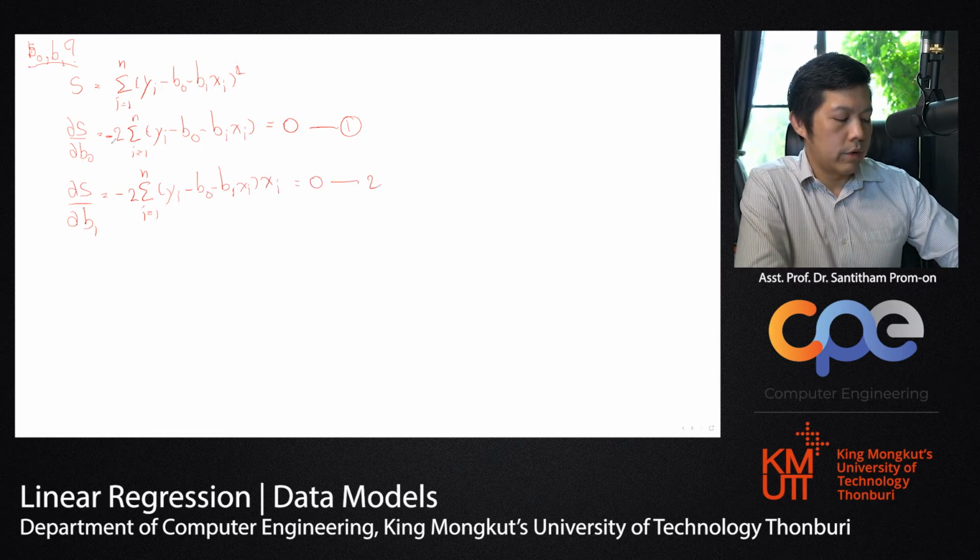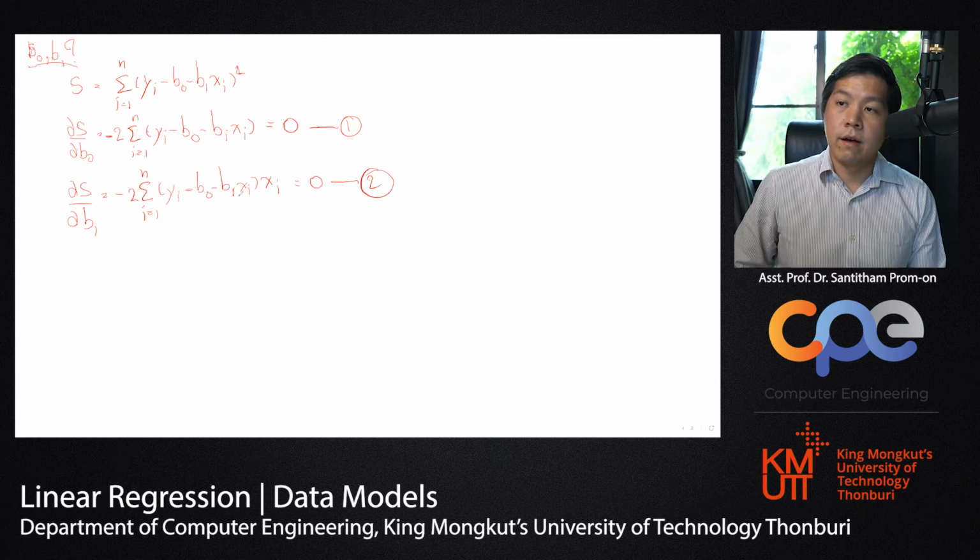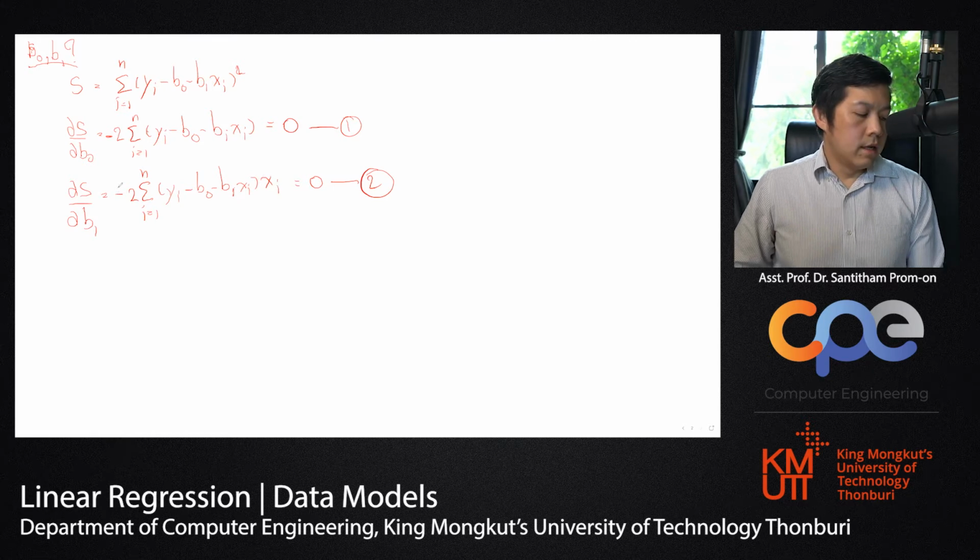This is the second equation. Right, pulling the 2 down here, and derivative of the inside. Don't forget, you need to have the power of 1 here as well. And take the derivative of the inside, you got xi, right? Minus xi as a result. So here's xi, here's minus. And then I'm going to arrange the form a bit.